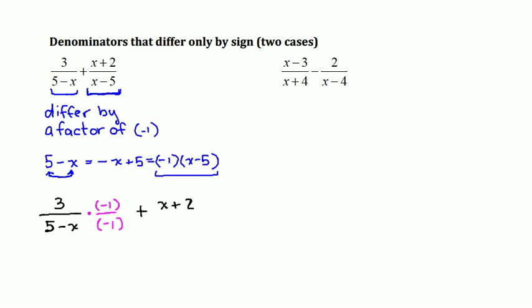So our whole expression now will look like this: 3 over 5 minus x times -1 over -1, plus x plus 2 over x minus 5. We won't change that one at all.